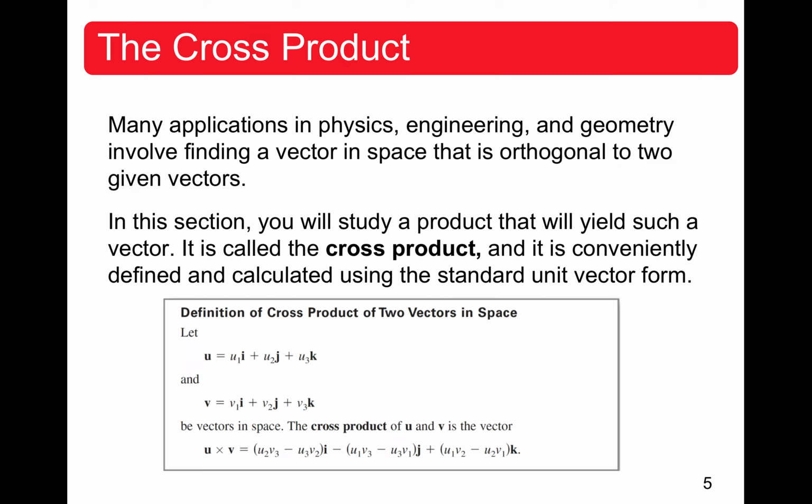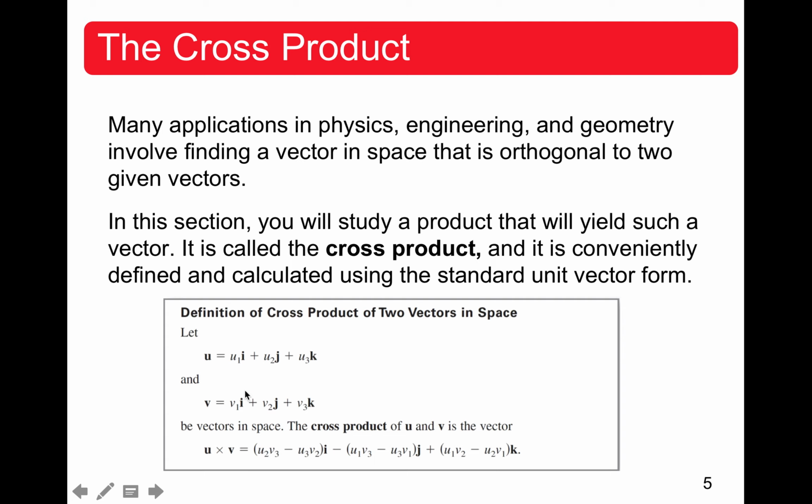So the cross product. If you look at the box down here, we're writing our vectors in standard form, with the i component, the j component, and the k component. If we take two different three-dimensional vectors, the cross product is going to be multiplying.